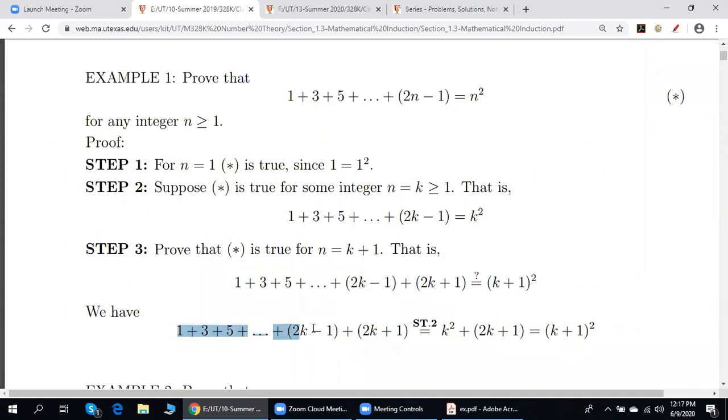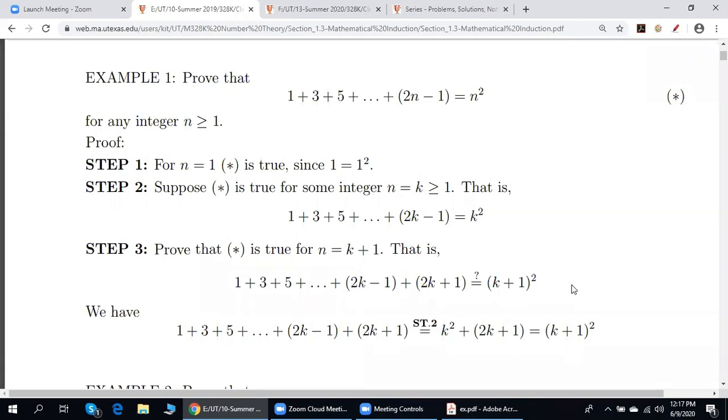So I'll replace this by k squared, done. Leave the last term without change. And now, by college algebra, k squared plus 2k plus 1 is indeed k plus 1 squared. The whole thing is proven.